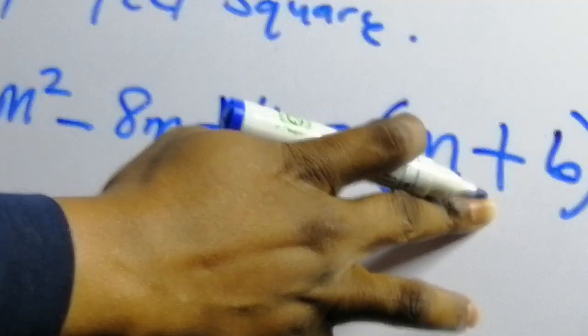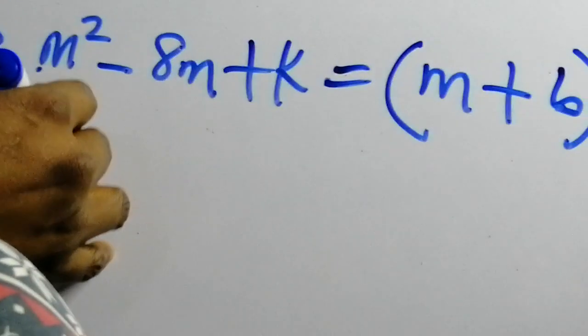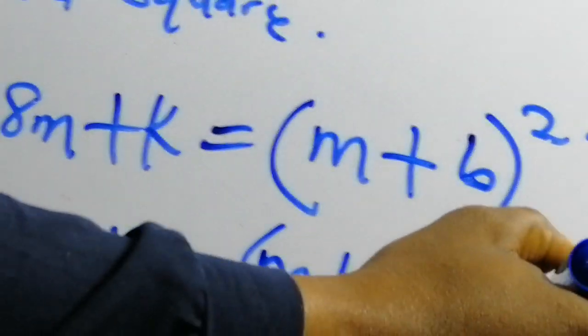So now there's what we call difference of 2 square. So it means that m square minus 8m plus k is the same thing as m plus b, m plus b.